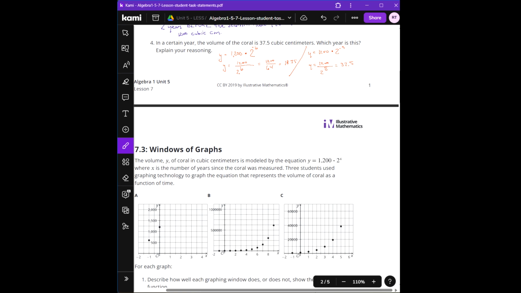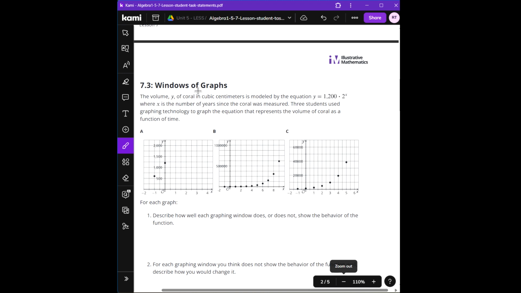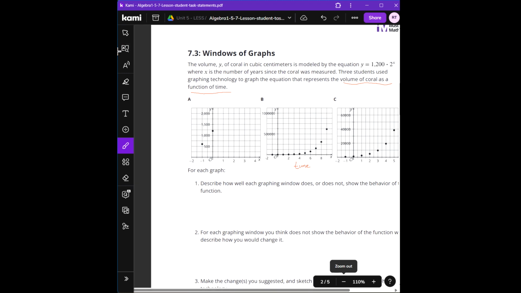Windows of graphs. All right, so we have 3 students who use graphing technology to represent the volume of coral as a function of time. Okay, so remember, time is going to be on our x-axis, and then the volume of coral is our y.